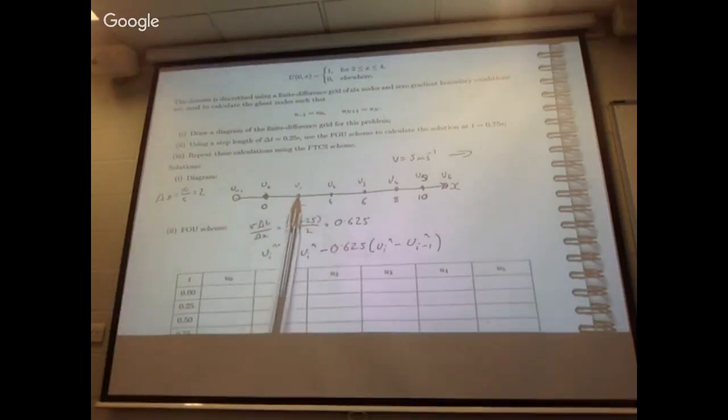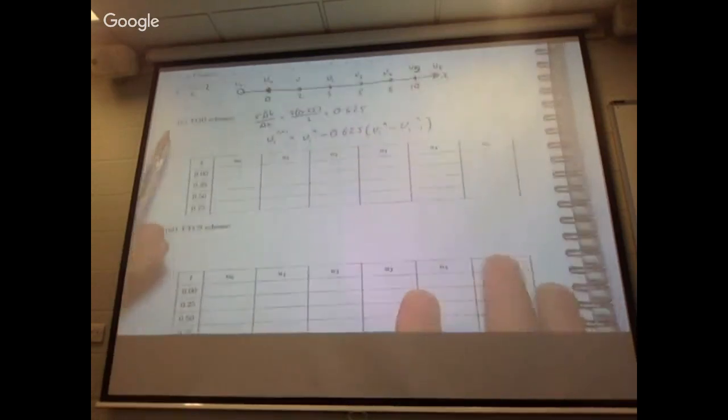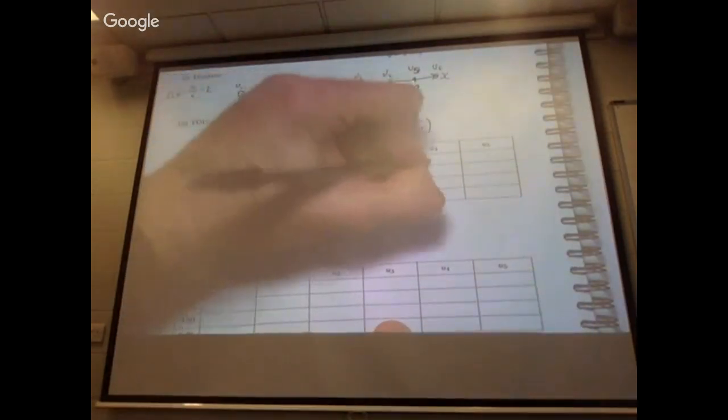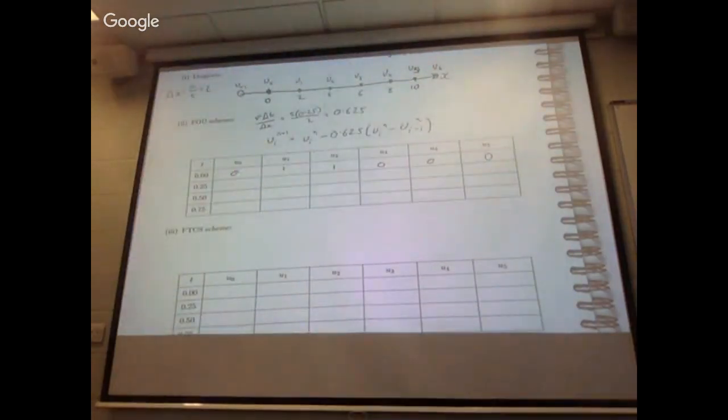Nodes U1 and U2 have coordinates 2 and 4, so those two will have a value of 1. All the other nodes will have a value of 0 to start with: 0, 1, 1, 0, 0, 0. So in other words, that's where our pollutant is at the moment, and what we'd expect is for it to propagate downstream.